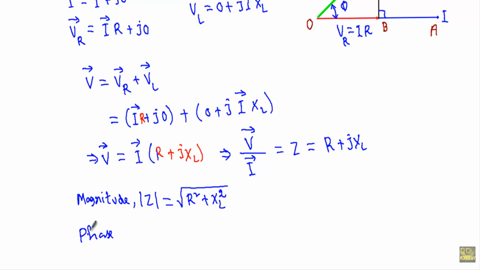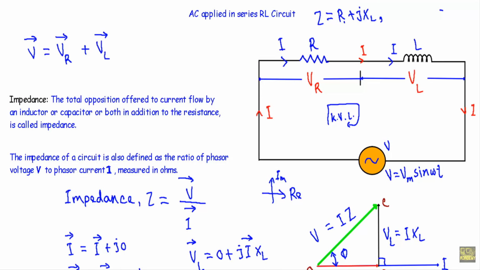Phase angle phi will be equal to tan inverse XL by R. So the magnitude of the impedance of the circuit will be root over R square plus XL square.